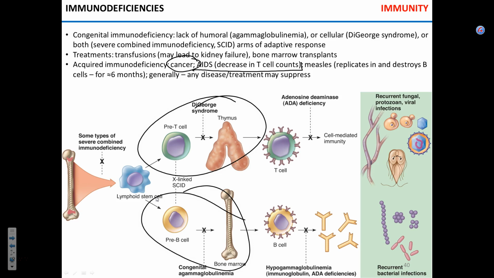Does it make sense? So in the condition known as DiGeorge Syndrome, T cells do not develop in the thymus. This condition is usually associated also with developmental abnormalities, including physical and cognitive abnormalities. So it's really severe condition, DiGeorge.